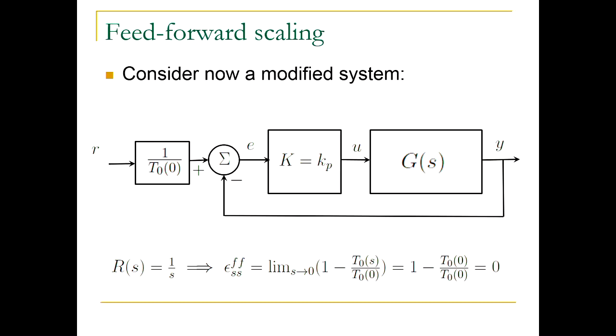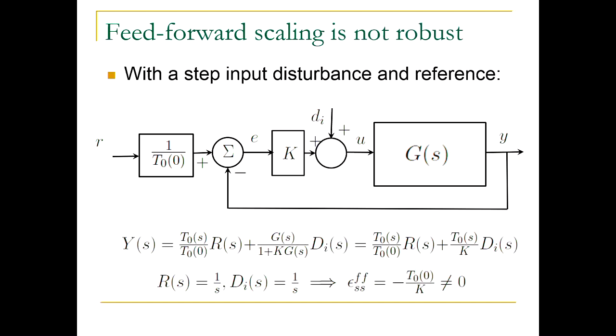I will now present some extra analysis on what happens when we ignore the disturbance. So the question is, if we have disturbance, would I still get zero steady state error? Well, you won't.